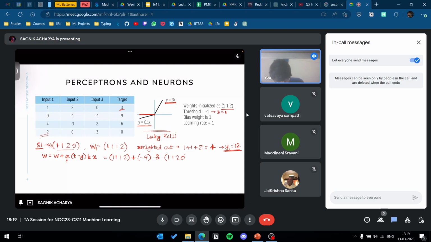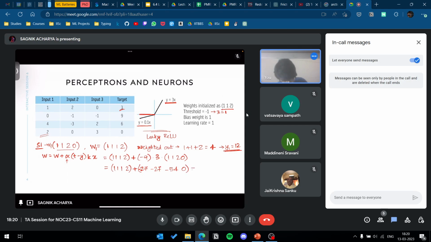So this comes out to be 1, 1, 1, 2 minus 27, so plus minus 27, minus 27, minus 54 and 0. So these are very big values. Actually I chose these numbers randomly, I didn't think of anything. So y equal to 3x was not such a good idea, I think. But yeah, we get these very negative values.